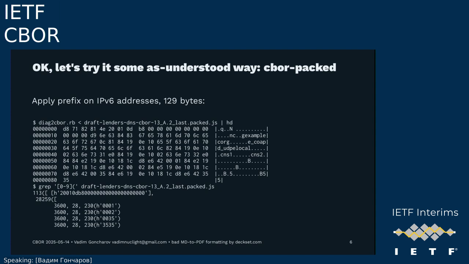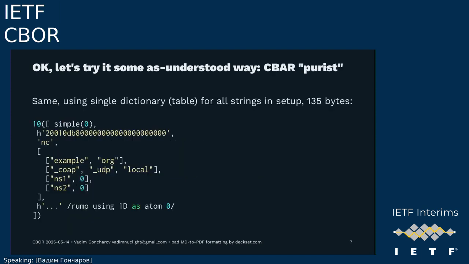Applying CBOR pack for common bytes in the IPv6 address, going that way, which was defined, and assuming 32 text would be registered, you see the tag on the slide. And two ways using CBOR.